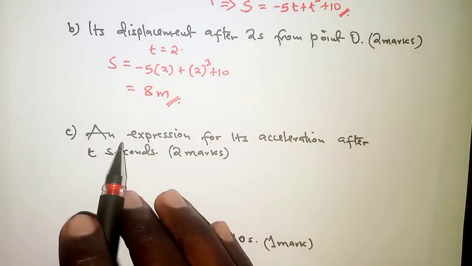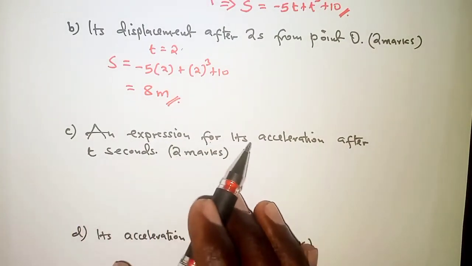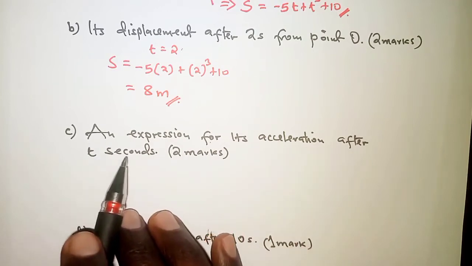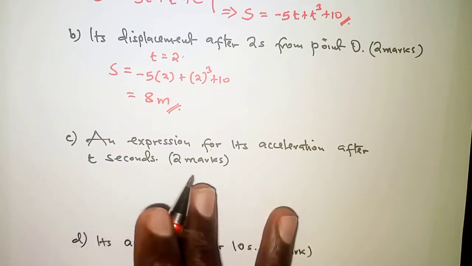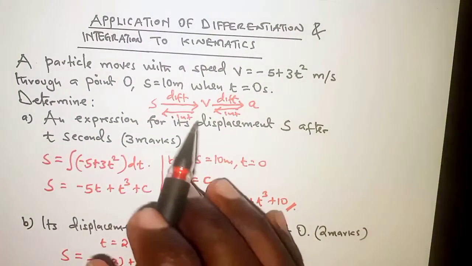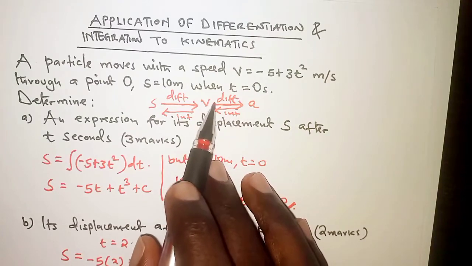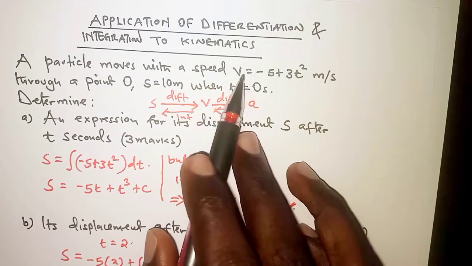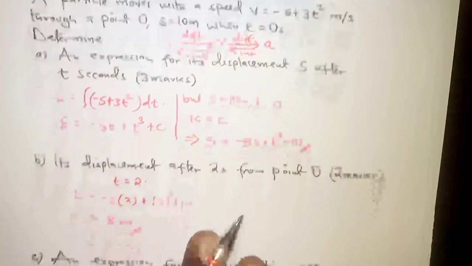Next part, let's see. Determine an expression for its acceleration after t seconds. So for us to get acceleration, just to refer back to what we had said earlier on, to get acceleration from velocity, we'll simply differentiate the expression. V is -5 plus 3t squared.